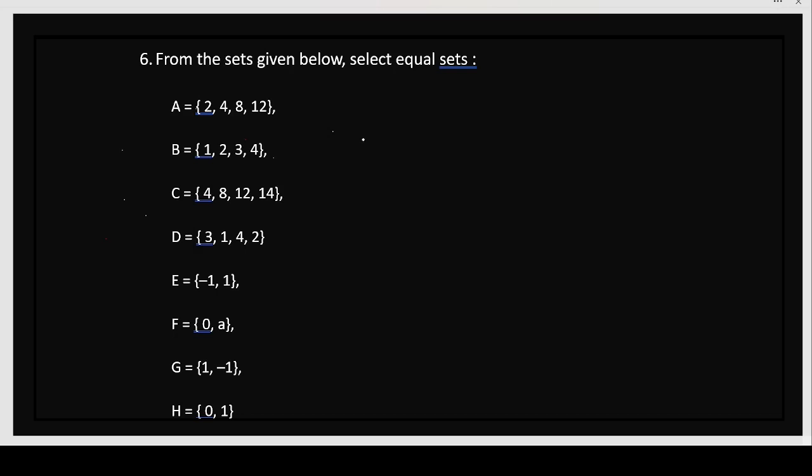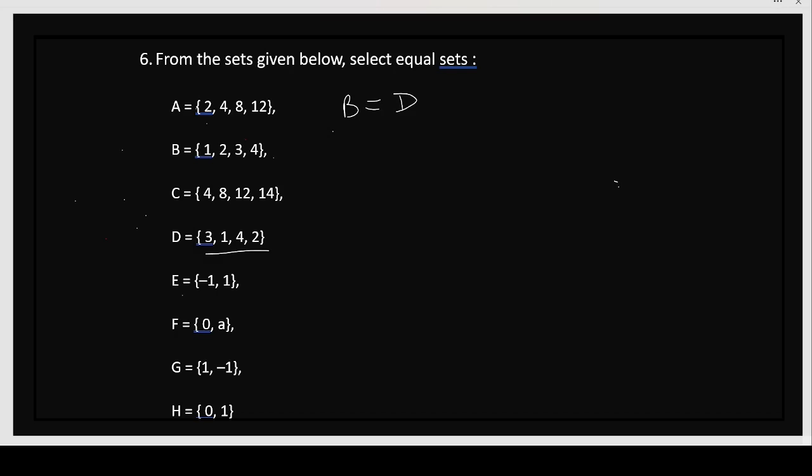B is 1, 2, 3, 4 and D is 3, 1, 4, 2. All the elements of B are present in 3, 1, 4, 2 also. Order is different, but all the elements are present. So B equals D. Compare other sets with B. E, F, G, H: no elements are common with that.